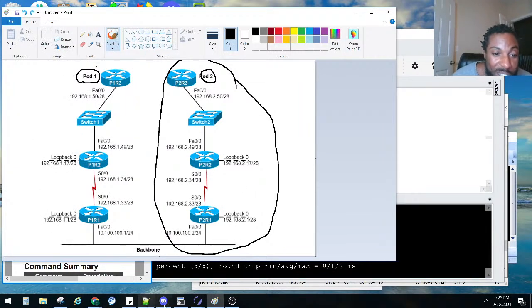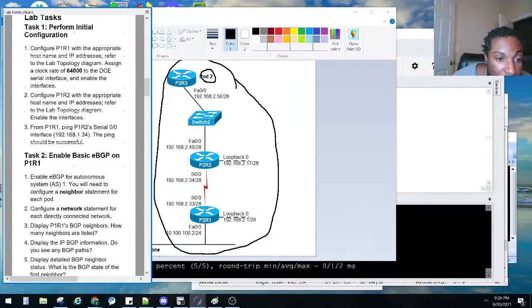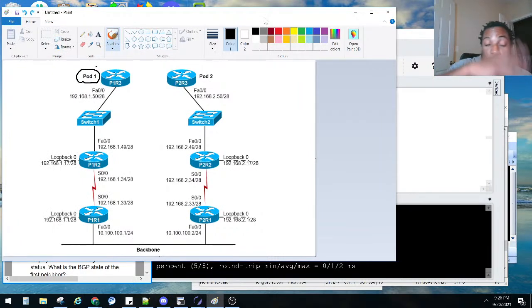All right, so let's go. They said to configure external BGP for autonomous system 1. You would need to configure a neighbor statement for each pod, right? So when we are defining our neighbor, you've got to use the neighbor statement. If you're new to BGP, this is a new topic since we've been doing OSPF in the last couple streams.